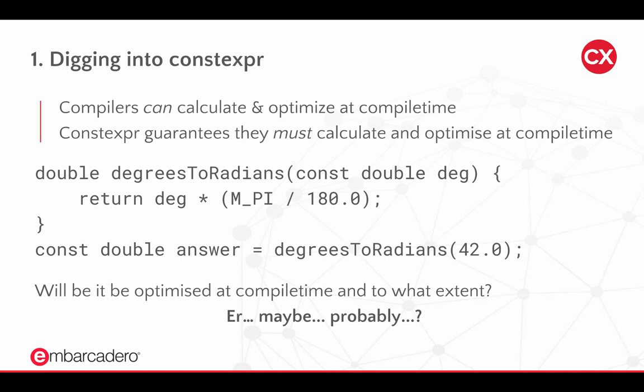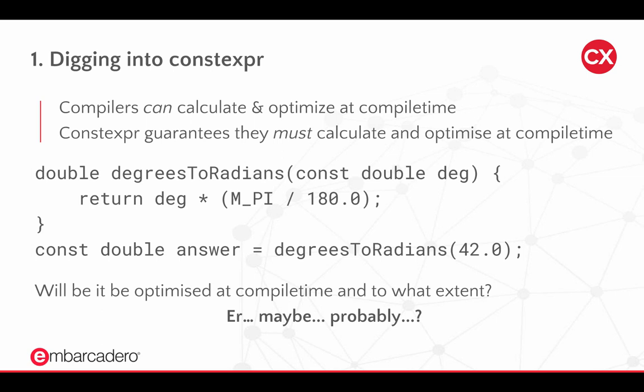Now this is where constexpr comes in. Constexpr will allow you to enforce that the result of this method, degrees to radians, will be calculated at compile time, and at runtime, when the code is compiled and when the code actually runs, the code that is actually run will only contain the value that is the result of this method.